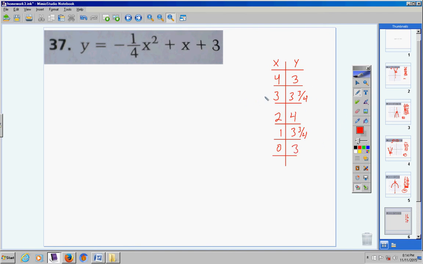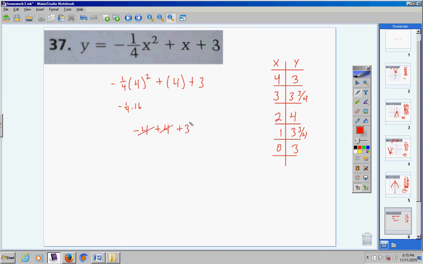But let's go ahead and substitute these and make sure we're accurate. Negative 1/4. I'm substituting 4 in for x. Every time I put a number in, I put a parentheses. First, square 4. 4 times 4 is 16, so you have negative 1/4 times 16, which is negative 4. Then bring down your positive 4, and then positive 3.